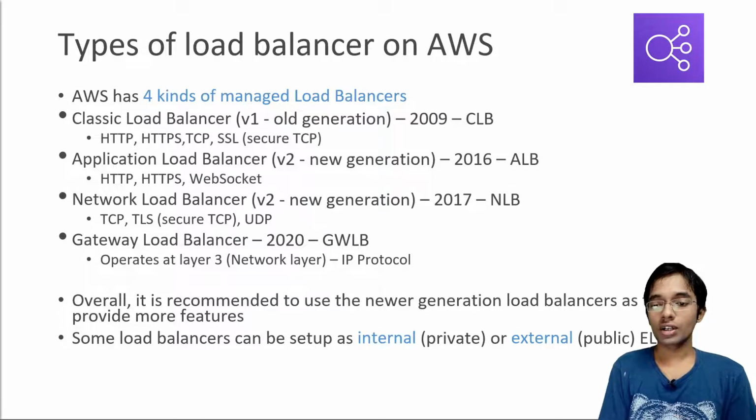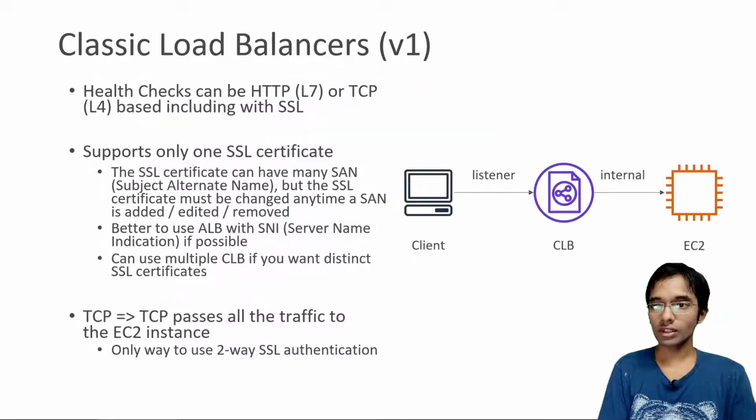We are going to do a deep dive on all of these: classic, application, network, and gateway load balancers. Finally, some load balancers can be set up internally as private or externally as public Elastic Load Balancers. We will move on with the first one, the classic load balancer.